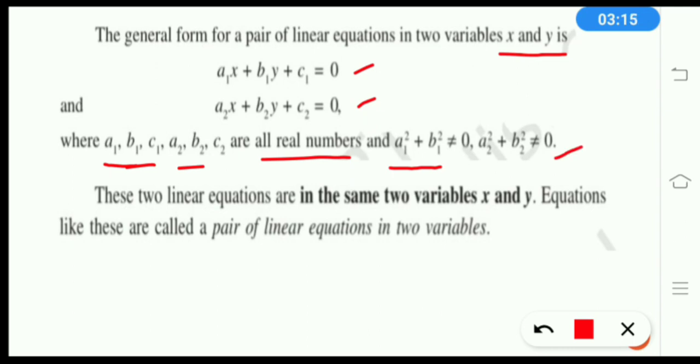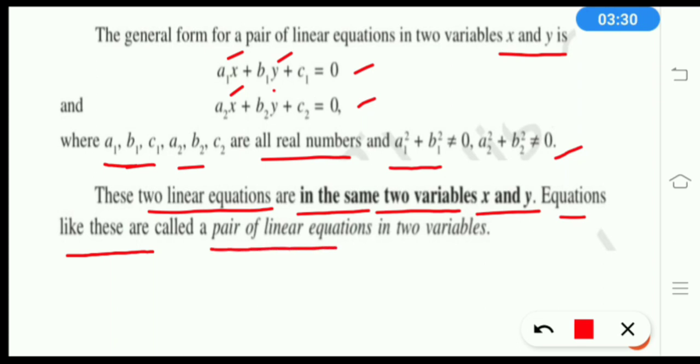Okay, these two linear equations are in the same two variables x and y. Clear? So equations like this are called a pair of linear equation in two variables. That means together these equations are called a pair of linear equation. Clear?